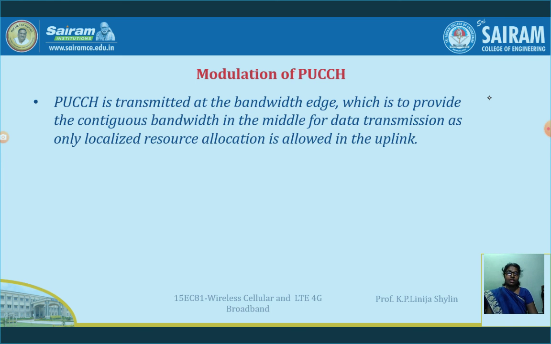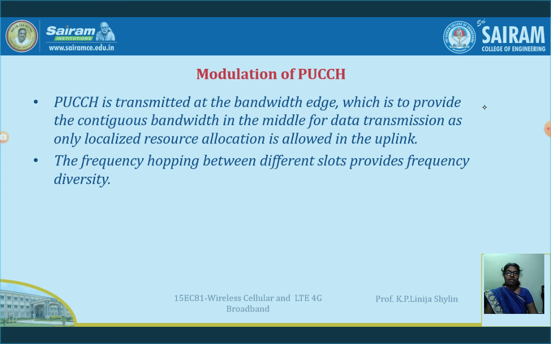Localized resource allocation is also allowed in the uplink and is applicable for this bandwidth. As already discussed, the uplink control channel is transmitted at the bandwidth edge due to the localized resource allocation of the uplink. Here the frequency hopping also raises the frequency diversity.